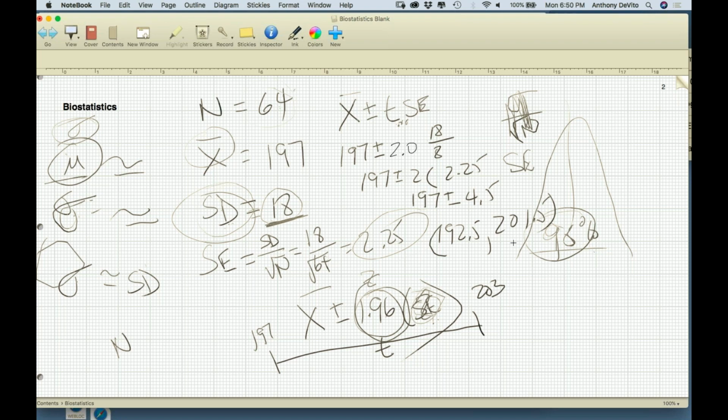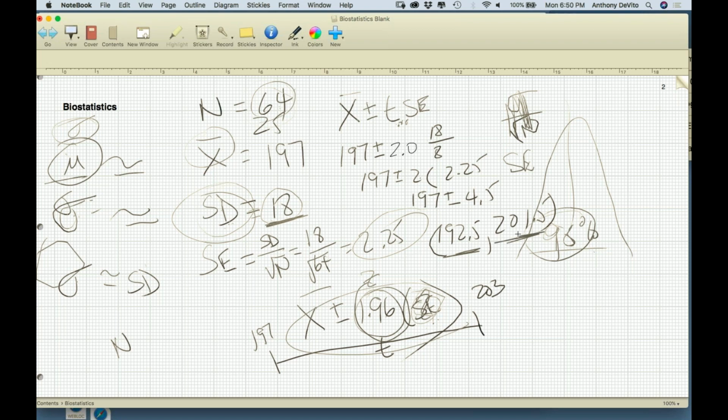Right. So had we known the population standard deviation, we would have used, instead of 2, 1.96, and we would have been narrower. If the sample size, instead of 64, had been 25, what would have happened to the range here?